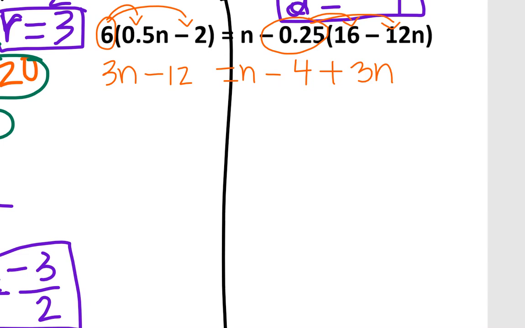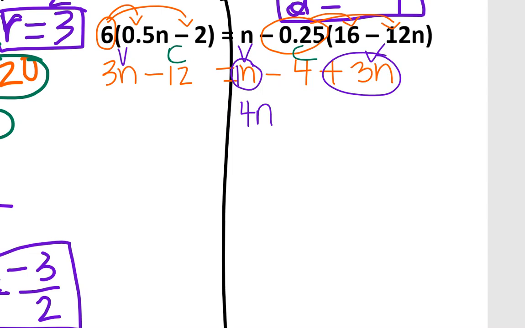Okay, so now I label my variables and I label my constants. And I move on to step 3, which is to combine like terms. If you notice in this problem, I have 2 variables on the right side, 1n here plus 3n. So when I combine those, I get 4n.